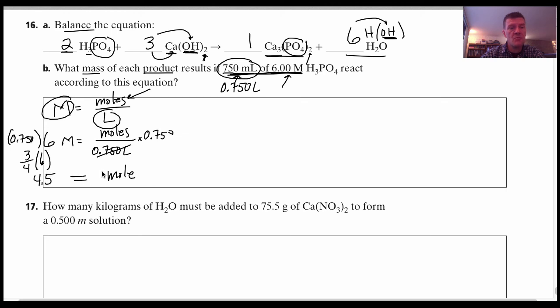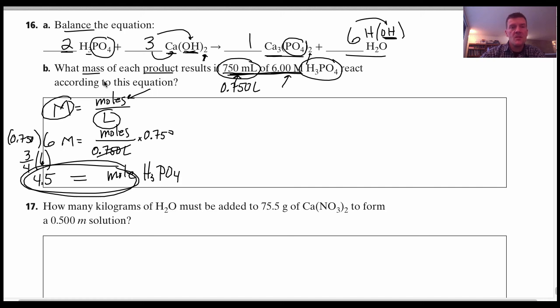4.5 is the number of moles that we have of what? Of the H3PO4. Okay, if that's an aqueous reactant there, that's phosphoric acid. But in any case, so we have 4.5 moles of H3PO4.